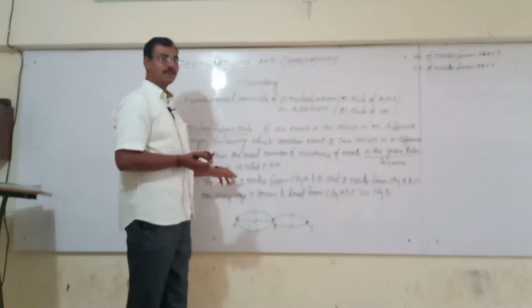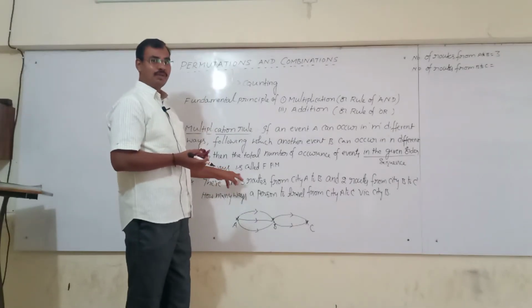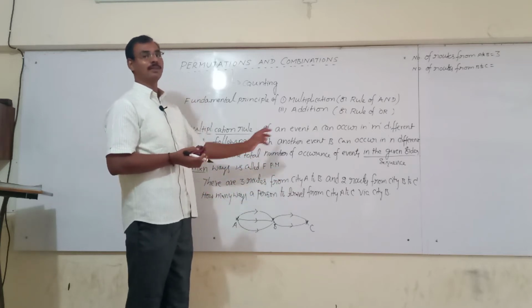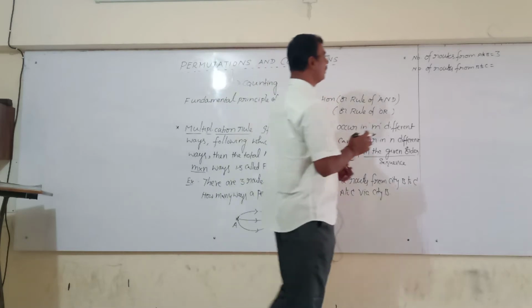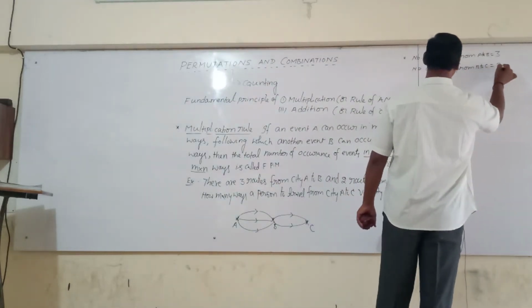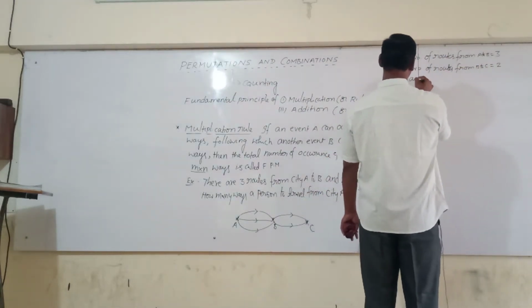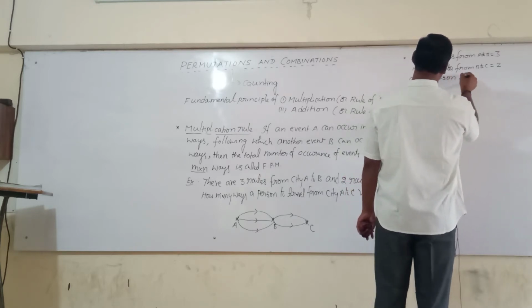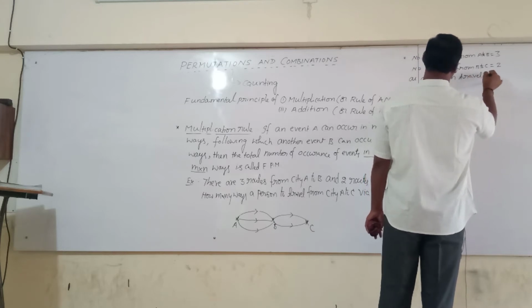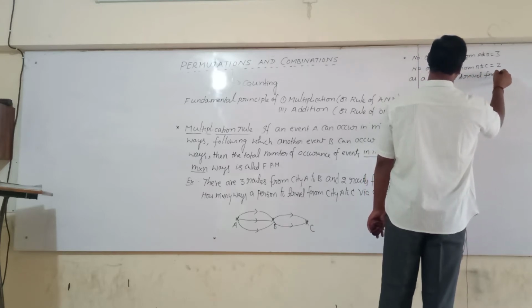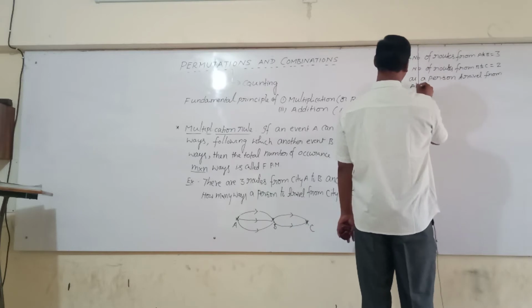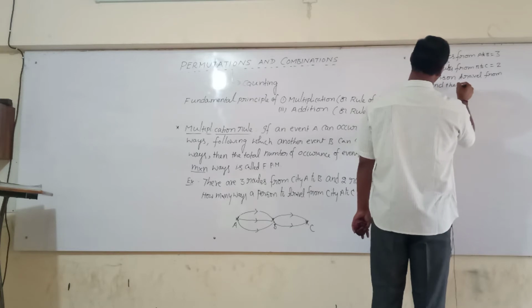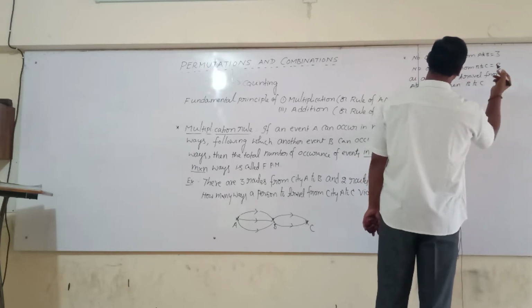So which rule do we use? What to do? Do I add or multiply? We have to multiply. So here a person travels from A to B and then B to C. Why?